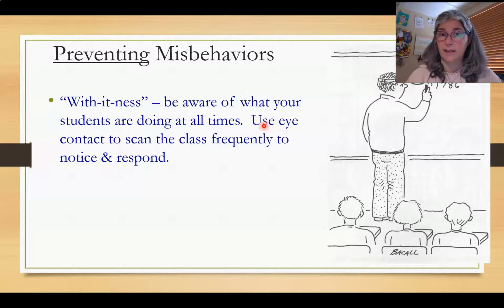Is everybody listening? Do you see furrowed brows that tell you that students are confused? Are they dozing off? Are they bored? So using your eye contact to monitor your students will help you know how to teach them, but will also help you to identify misbehaviors. And if they feel like you're this guy with eyes in the back of his head, they're going to be better behaved.